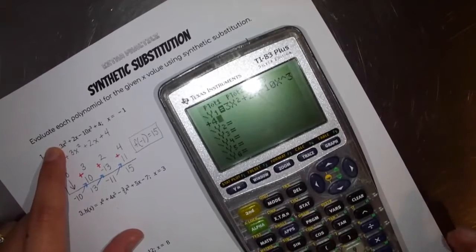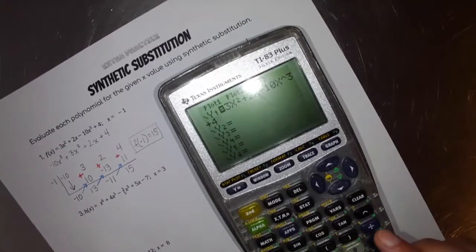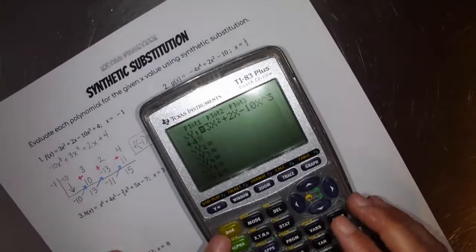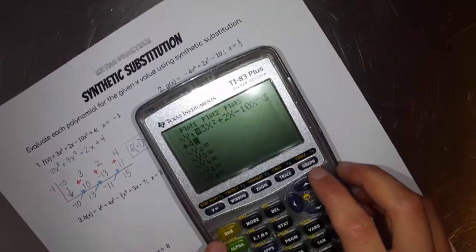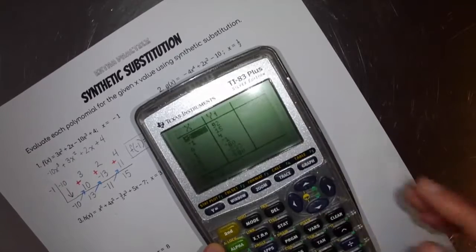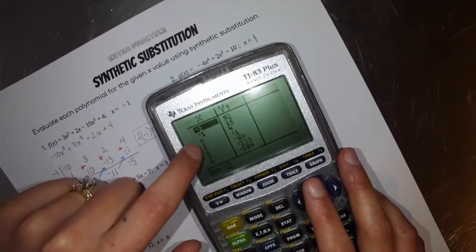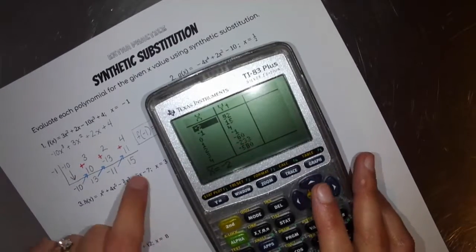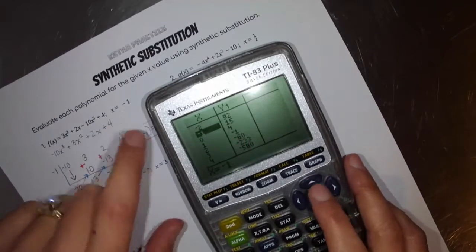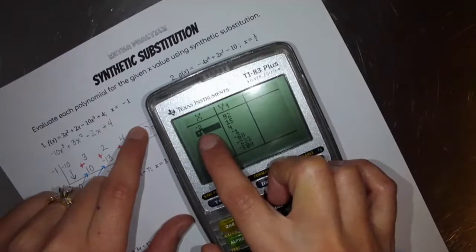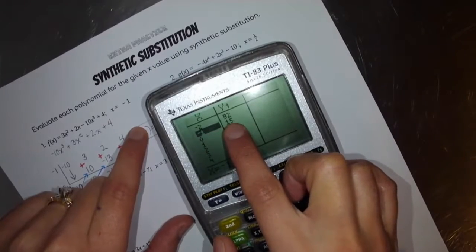Okay, so I have that all typed in. Then we want to go to table, so I would go second graph. Now I have the table of values, so I can see what any number plugged in for x will give for my y value. For this one, we had -1, and this just confirms that when I plug in -1 for x, I should get 15.